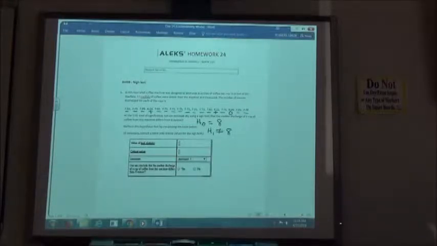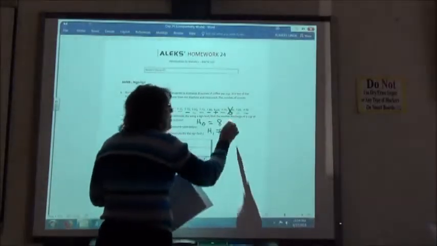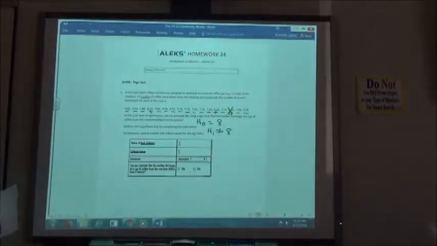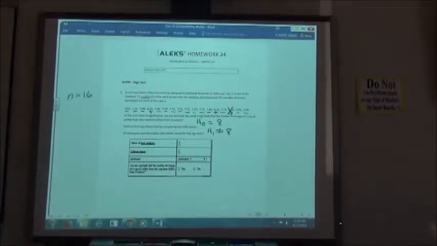So what we want to know is how many values do we have with a plus or a minus. In other words, we're going to ignore the one that was exactly equal to 8. So now we have n equals 16, because we originally started with 17 numbers on our list, but we had to take one off.